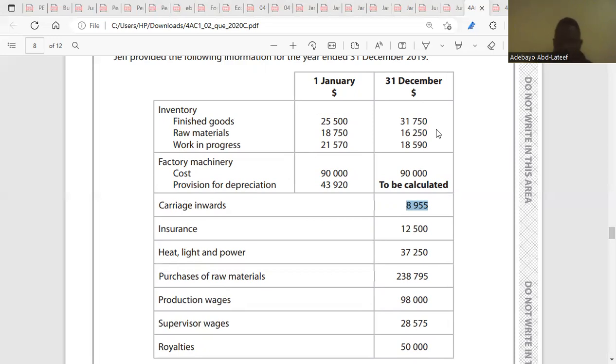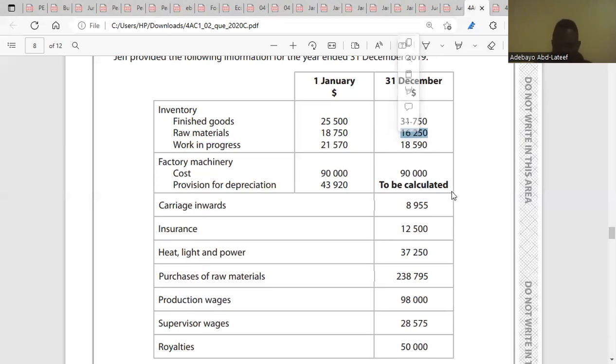We have 266,500, right? Then you less your closing stock of raw materials, 16,250. You take it away from 266,500.